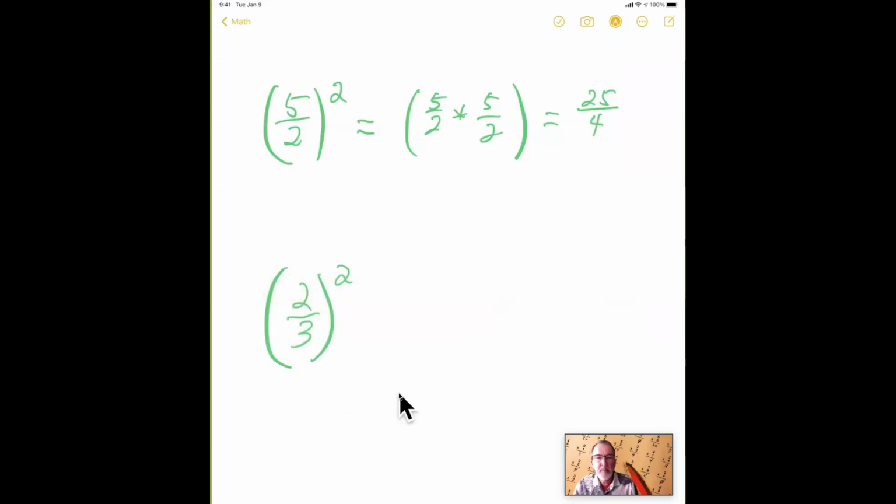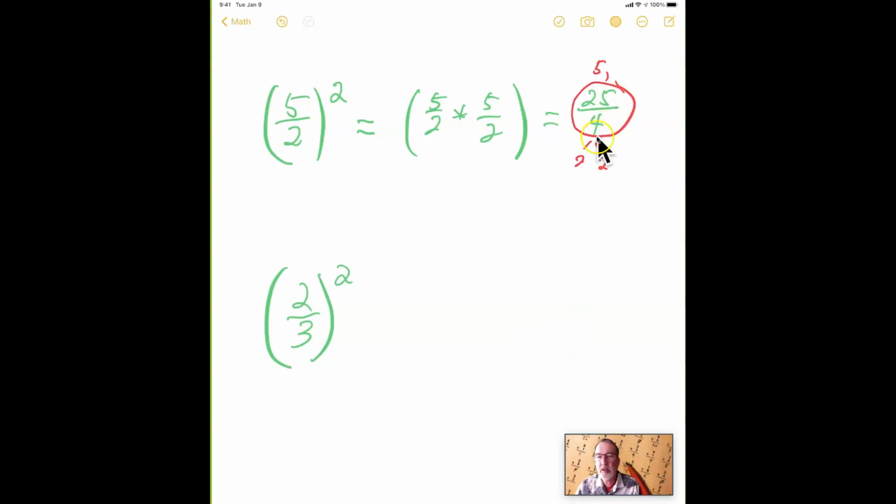They don't want us to change the fraction to a mixed number. So right now we just need to see if 4 and 25 have any common factors that they share. And 25's factors are 5, and just 5? So no. So this is our answer.